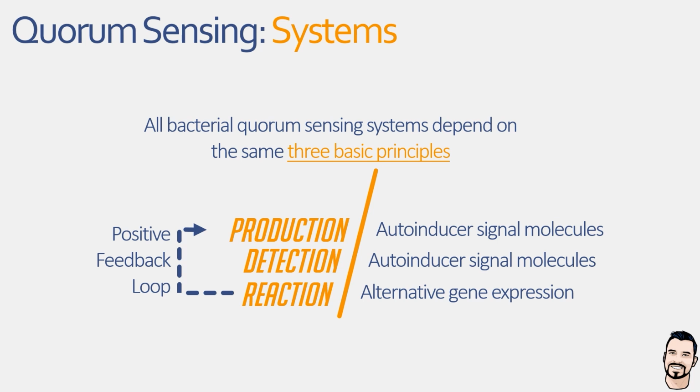And so on the plus side, this allows bacteria to transition very quickly from individual to group behaviour, making quorum sensing an incredibly efficient and dynamic communication system. However, because all bacterial quorum sensing systems are based on the same key principles, it does throw up some problems from time to time.